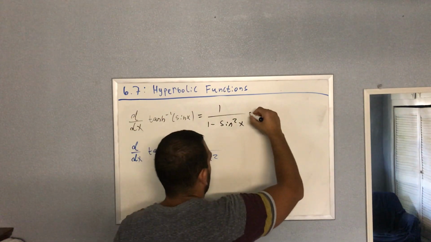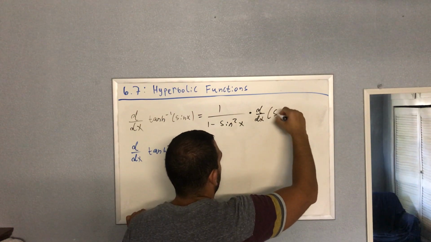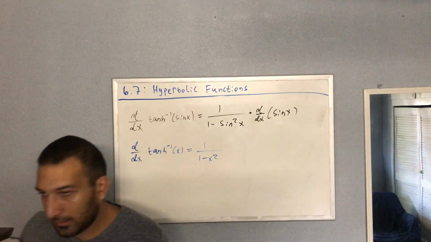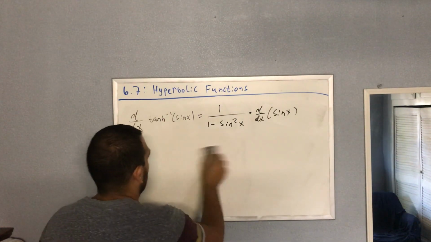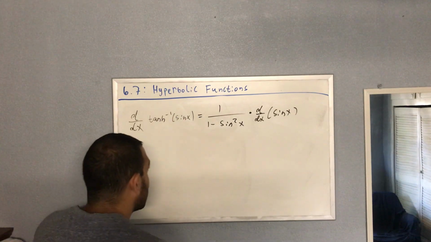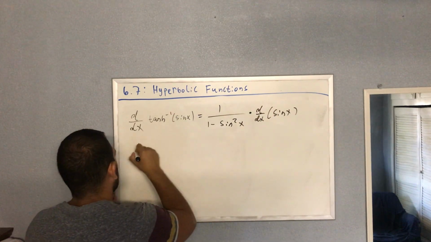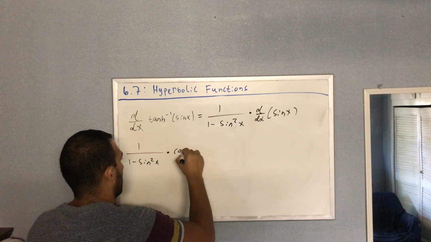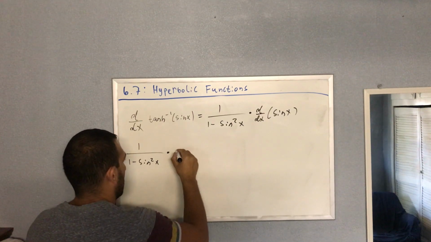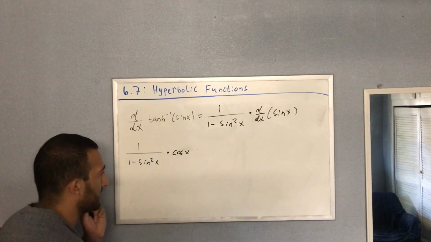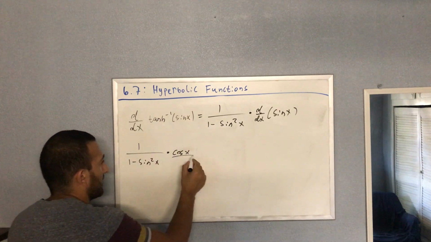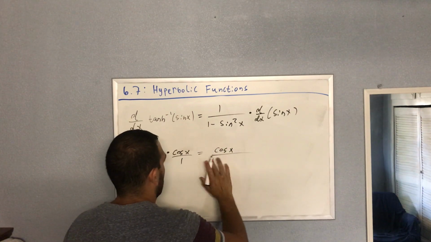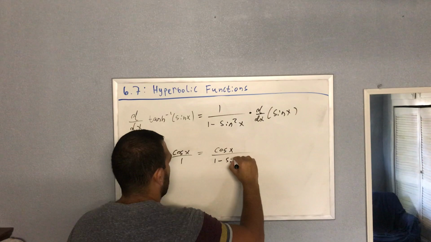But because of the chain rule, we have to multiply this by the derivative of the input, basically, sine x. And then, this is just cosine, so we have times cosine x. And then, you can think of this as divided by 1. So you get cosine x over this guy.